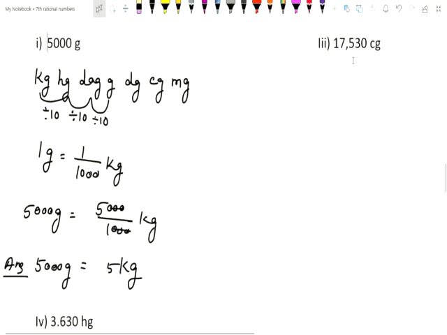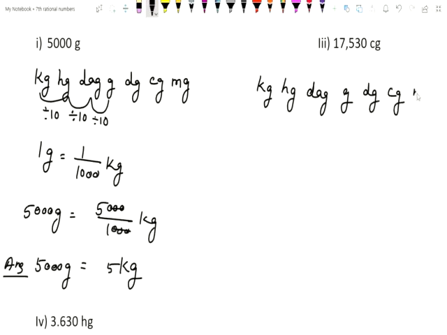17,530 centigram. First write the order: kilogram, hectogram, decagram, gram, decigram, centigram, milligram. Centigram to kilogram we need to convert.